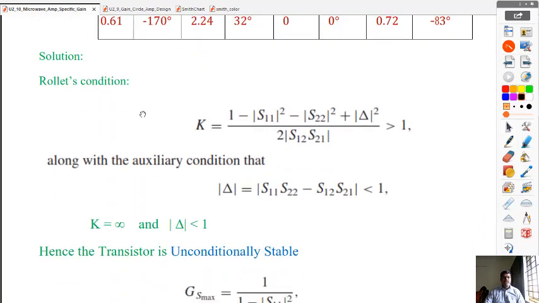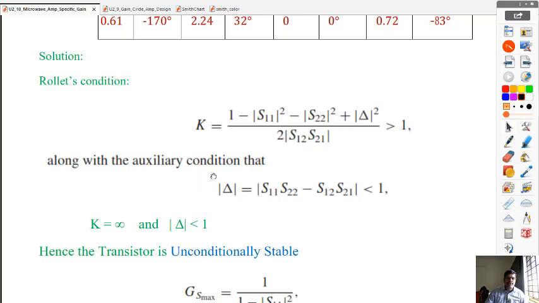Now Rollett's condition: the K parameter is given by K equals 1 minus modulus of S11 squared minus modulus of S22 squared plus modulus of del squared, divided by 2 times modulus of S12 and S21, which should be greater than 1 for an unconditionally stable device.